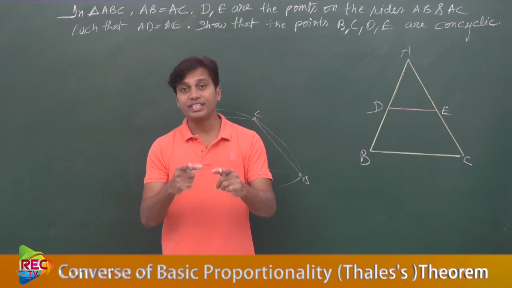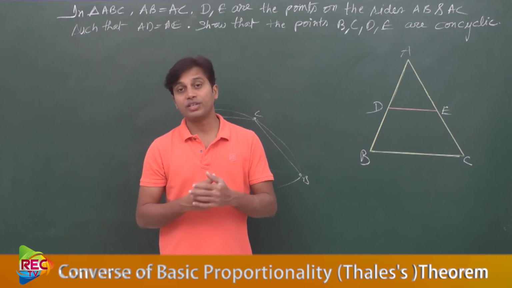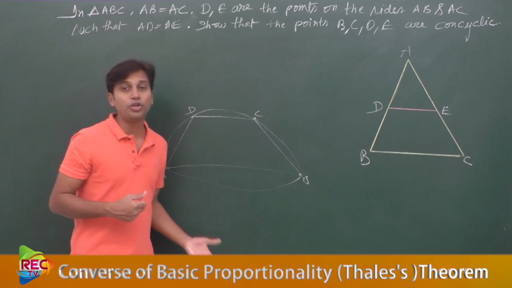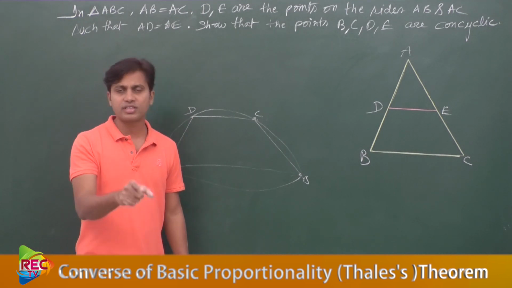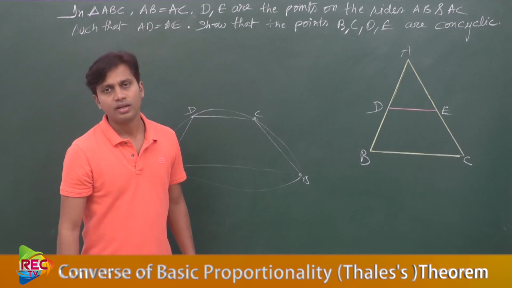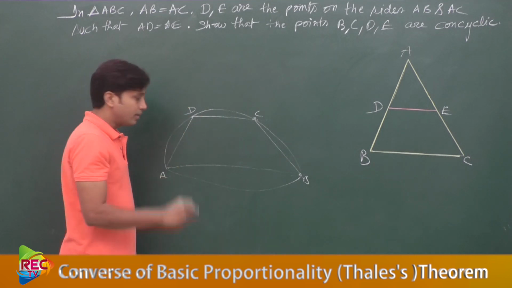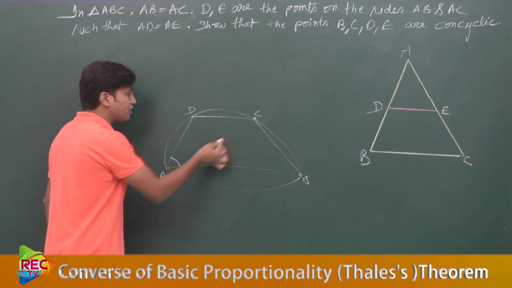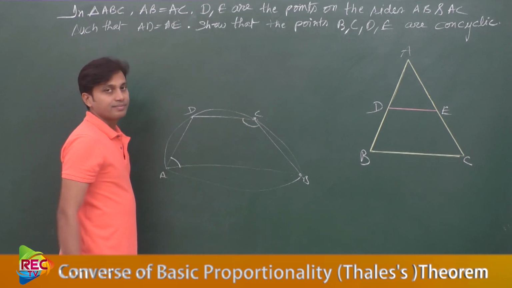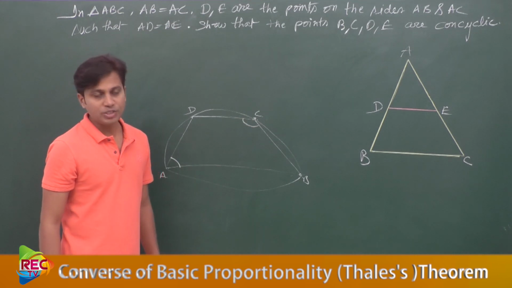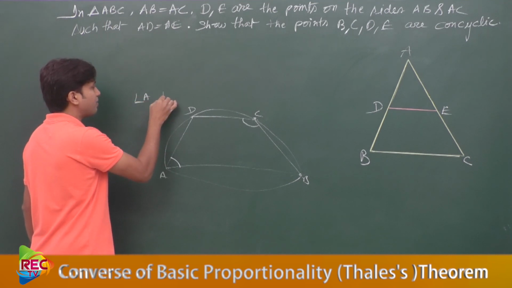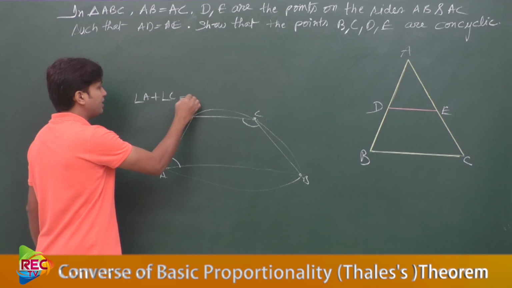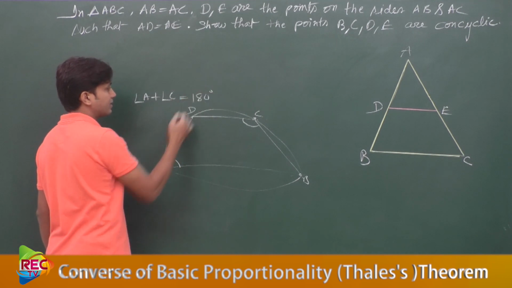And what is the condition to be shown over there? What is the condition that it should hold to become a cyclic quadrilateral? That is also a topic of your previous class. What did we prove over there? If opposite angles are supplementary, that means angle A and angle C are supplementary, the sum should be 180 degrees.